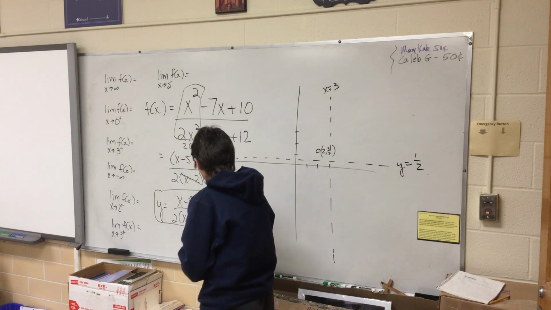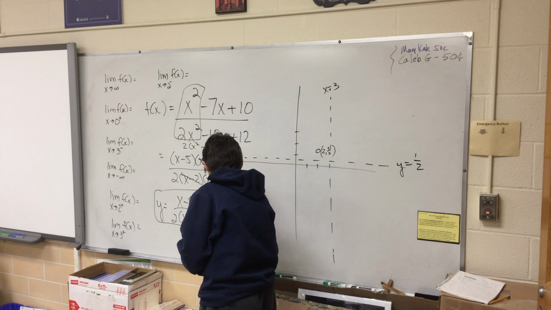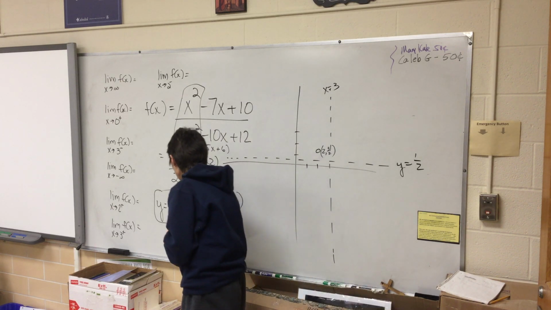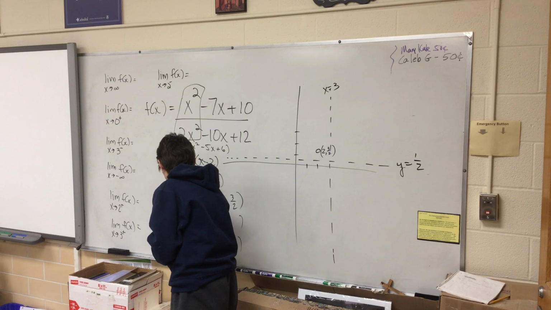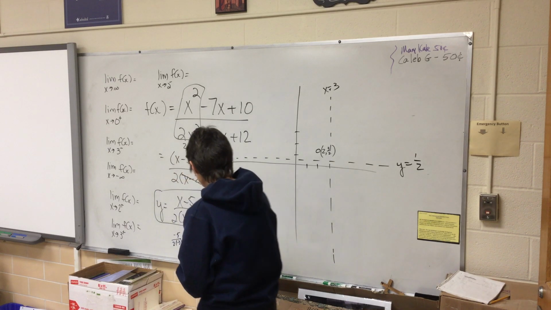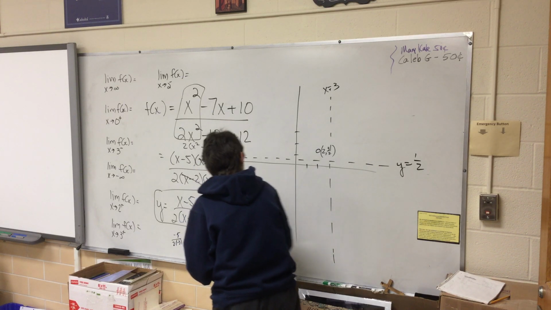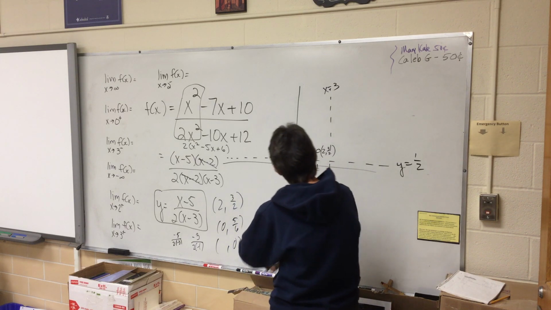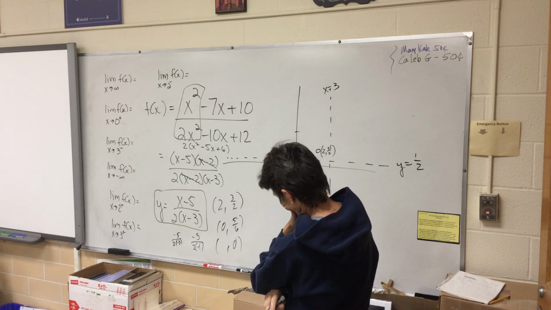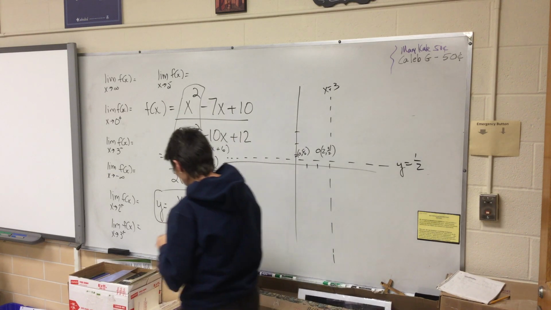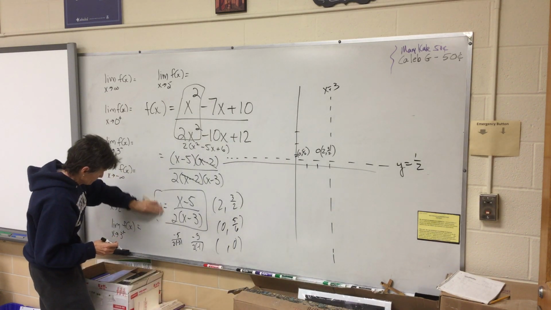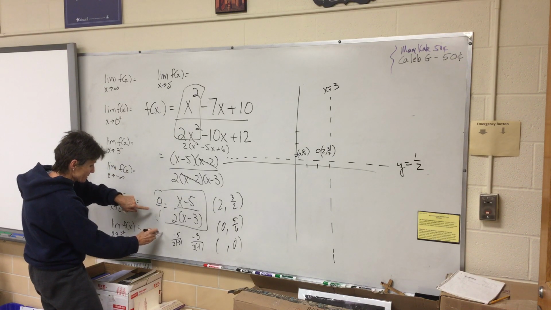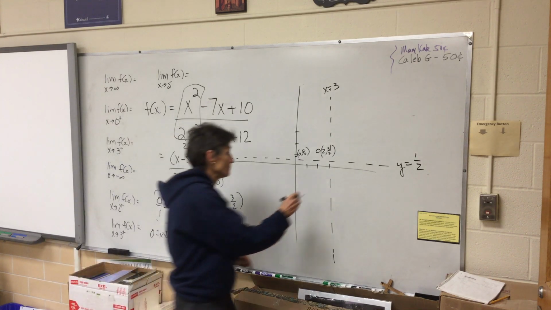Well, let's get our intercepts in there. So the y-intercept, we'll let x be 0. So I get -5 over 2 times -3, 5/6. And then if I let y be 0, I have 0 equals x minus 5, so I'm at 5.